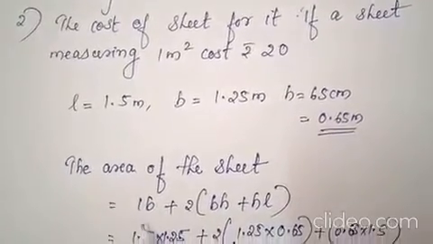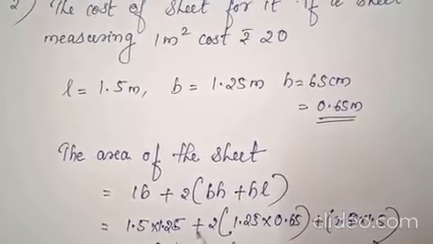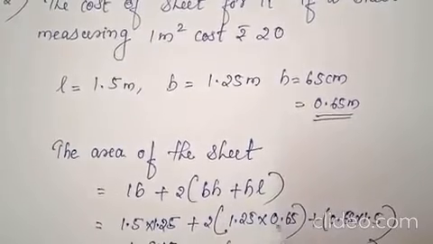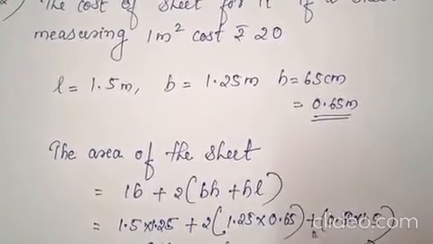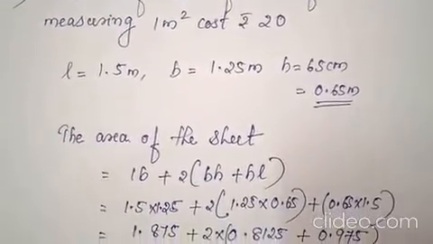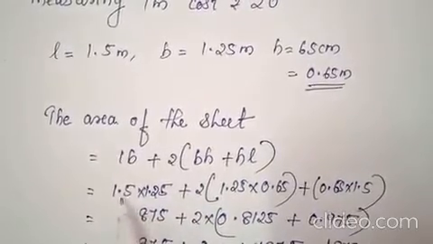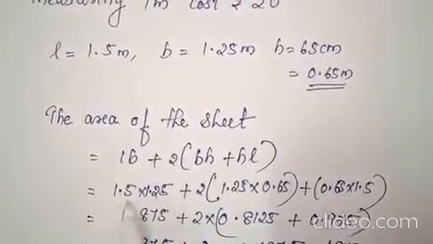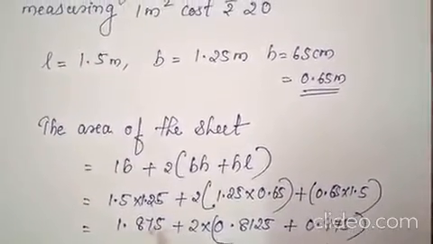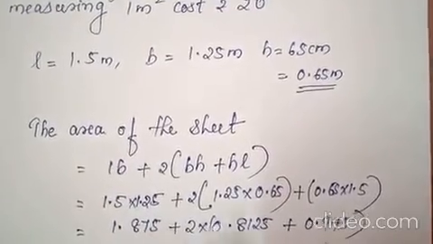Substitute all the values. L means 1.5 into B means 1.25, plus 2 into BH means 1.25 into H is 0.65, plus H into L, 0.65 into 1.5. While multiplying this we will get the answer 1.875. Multiplying, remove the decimal places and multiply as whole numbers, and after getting the product you should put the decimal point from the right of the number.